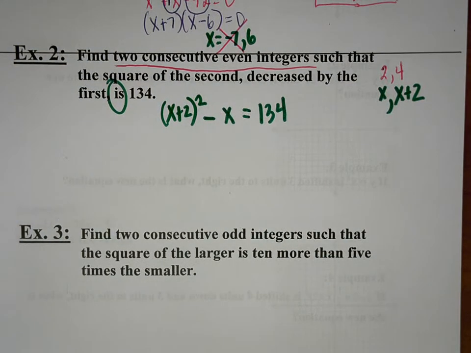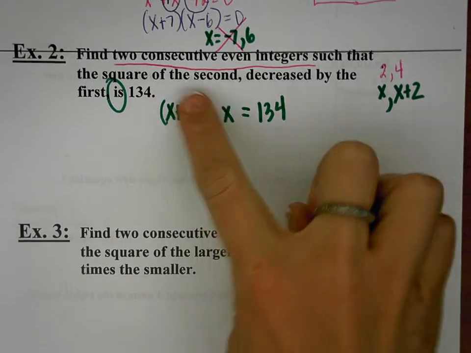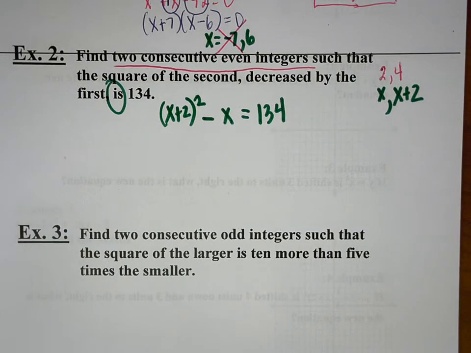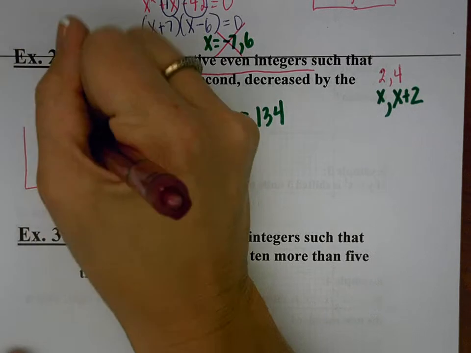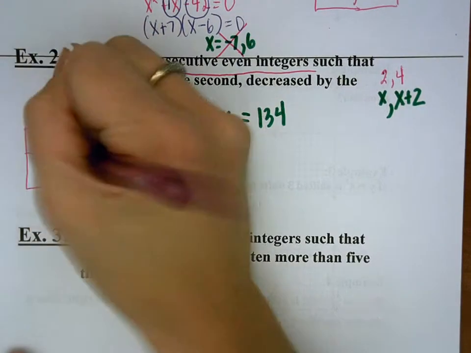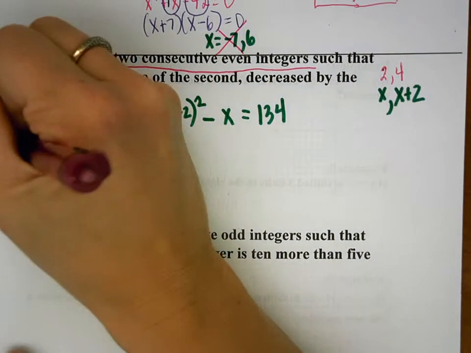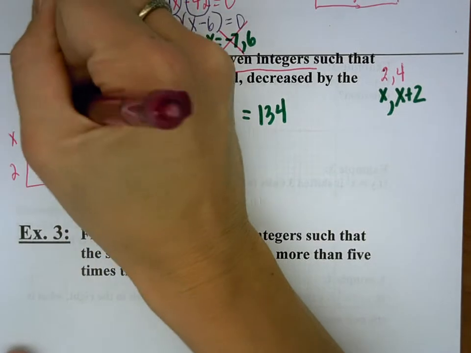Now, to solve this, what do you think we need to do first? Exponents. Yeah, we need to get rid of this exponent, but how would I multiply this out? x plus 2, x plus 2, which we would use a box to multiply it out, unless you want to do it a different way, which is also okay. So I'm going to make my box, and I have x and 2 and x and a positive 2.